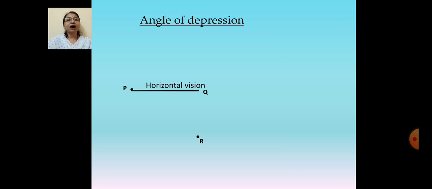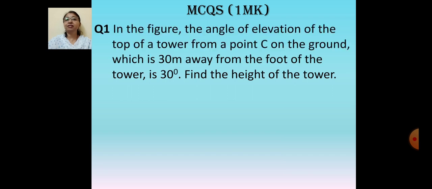So PR segment, this is line of vision, and the angle made, that is angle QPR, is called angle of depression. Now let us see what type of questions can be asked on this angle of elevation and angle of depression for 1 mark, 2 marks, diagram based and box type. So all these we'll see in this video.